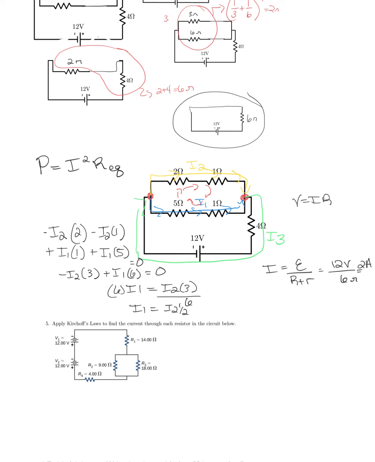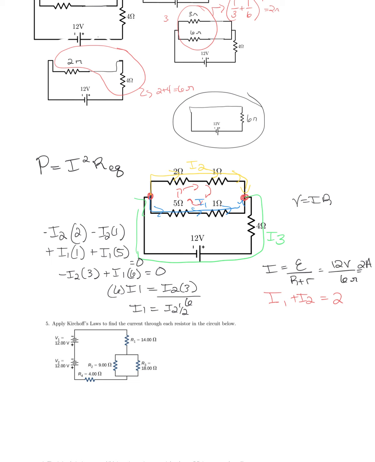Because of conservation of energy, current is not exempt from that. It is made up of moving charges, which are considered matter and therefore subject to the laws of conservation. So we have 2 amps as the total amount, which is our terminal current, and we know that I1 plus I2 equals 2.